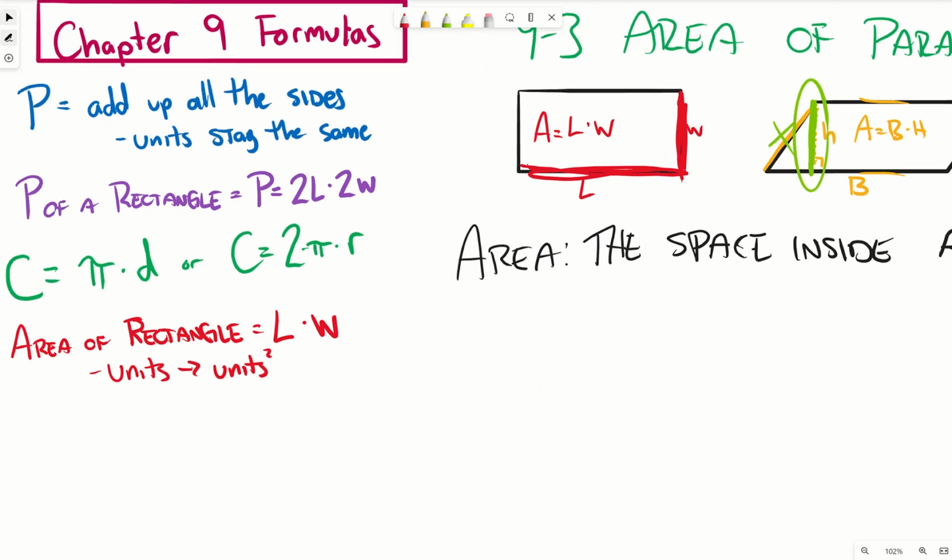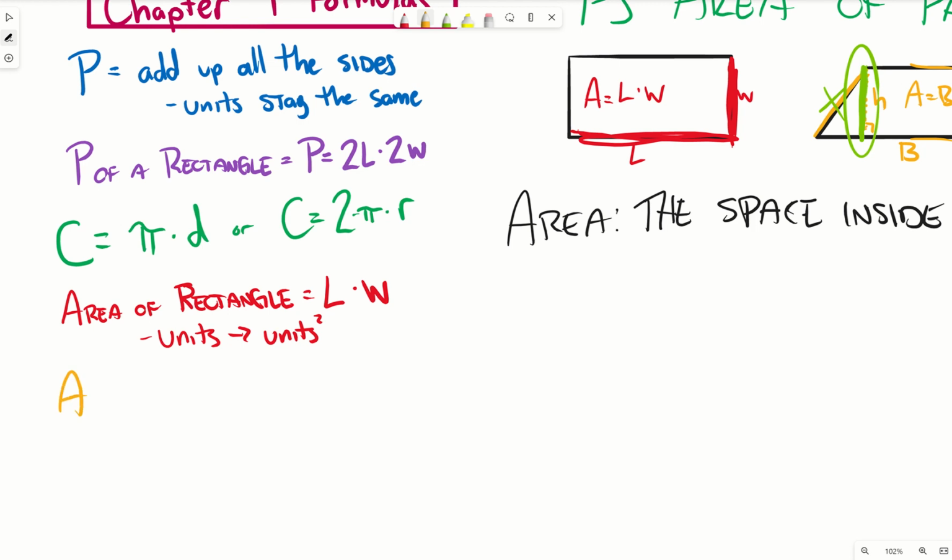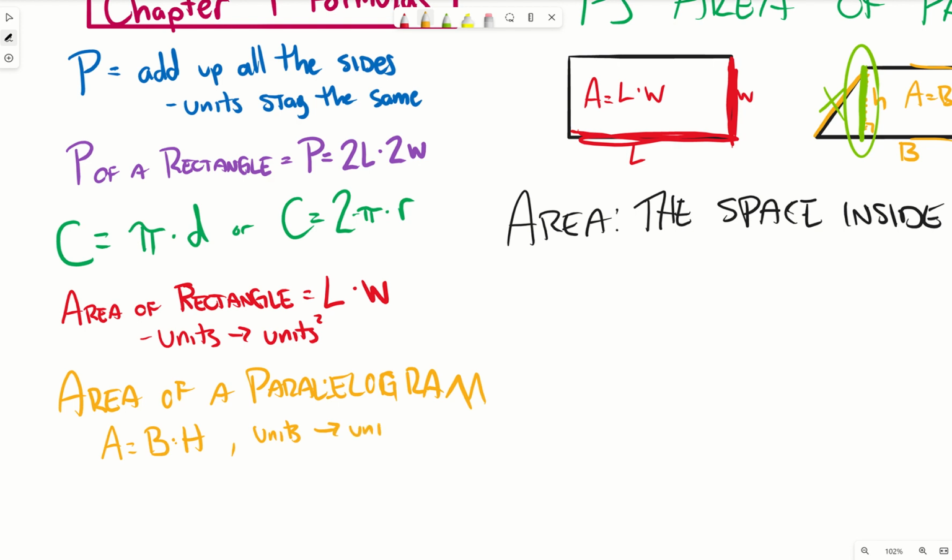Okay, so we would say area of a parallelogram is area equals base times height, and again, units become units squared.